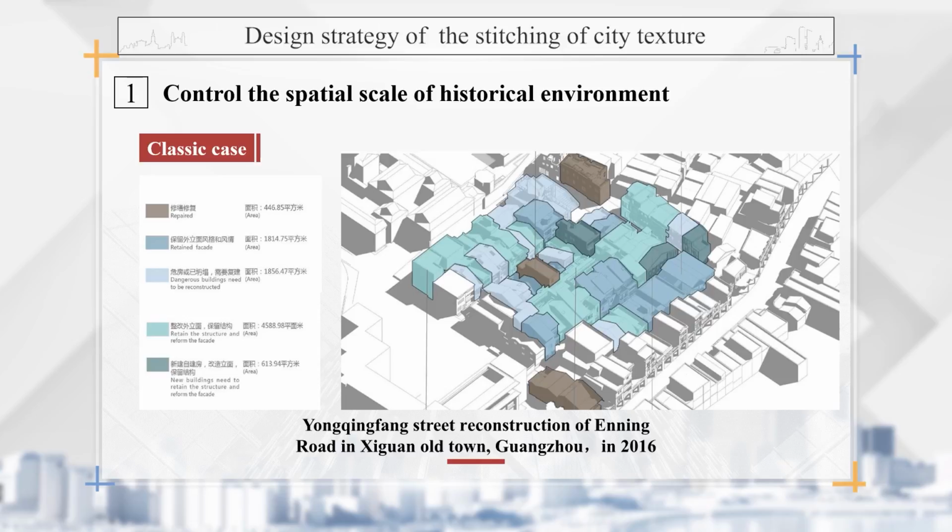Let's look at this aerial photograph, a contrast with the city texture before reconstruction. The city texture is very clear after reconstruction, which can awaken people's memory of this area.